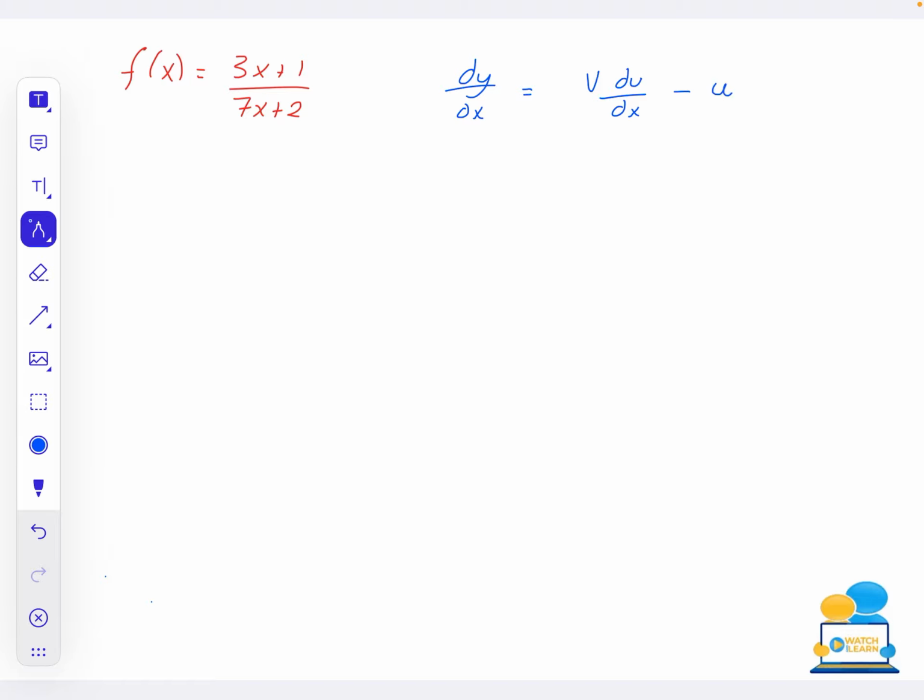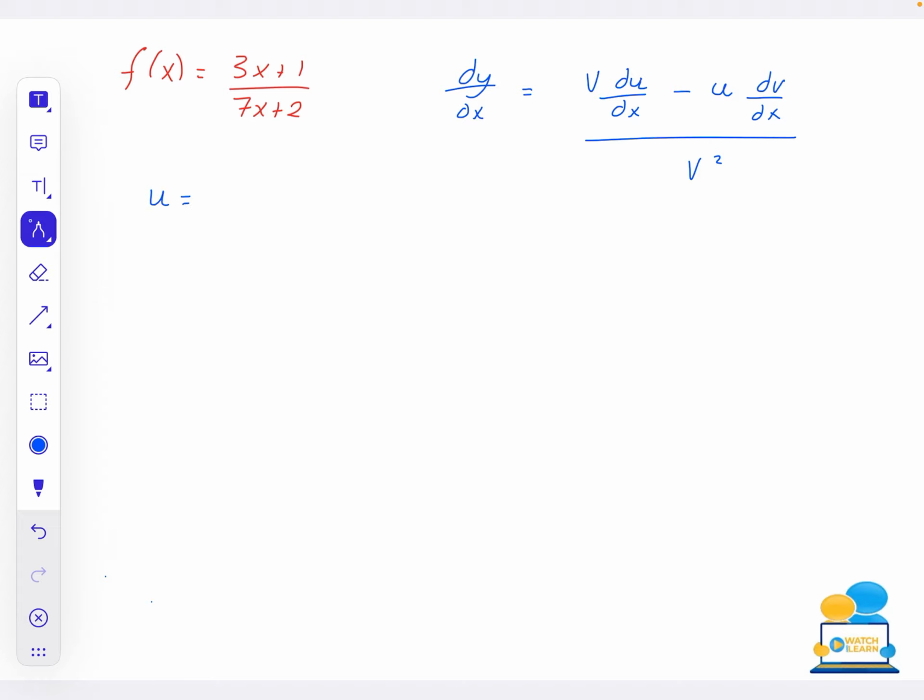So dy dx is equal to v by du dx minus u by dv dx all over v squared. Okay, so be careful that your u's and your v's look different. Okay, so maybe just practice putting a tail on your u just to make sure they look different.